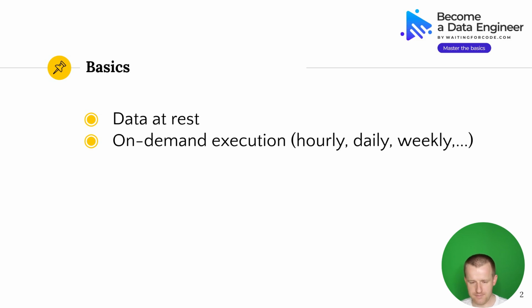So as a result of this data at rest and on-demand execution, the point is high latency. Meaning that you will not use a batch job for a real-time fraud detection scenario, for example. Instead, you rather think about batch processing for things that are less time sensitive.